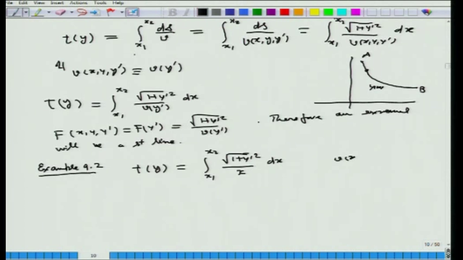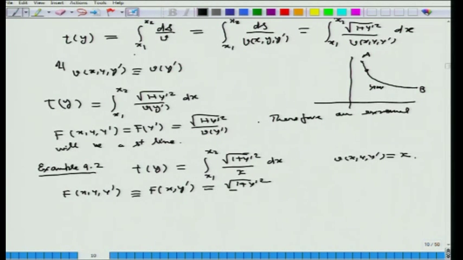So, v of x, y, y prime is x here. So, in this case f is a function of x and y prime only, which is square root of 1 plus y prime square over x.